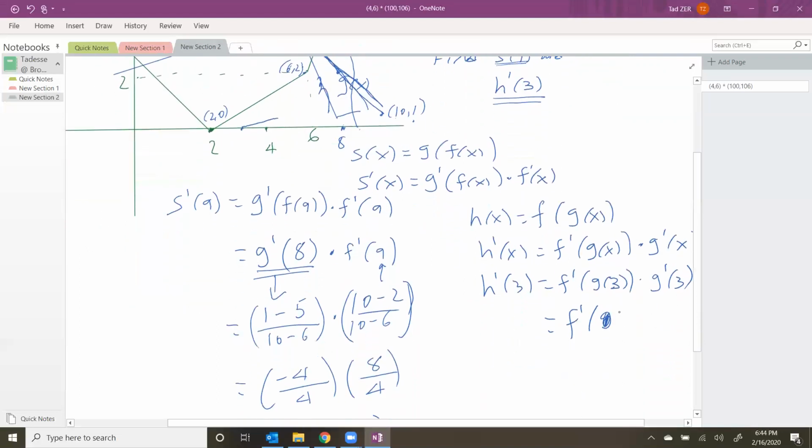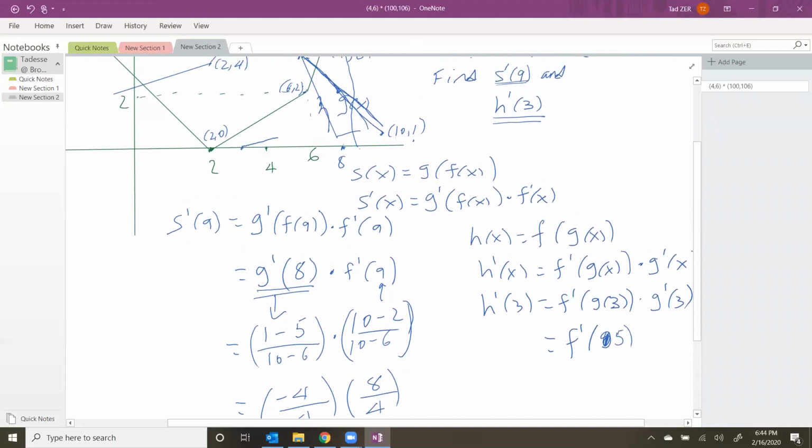So it is 5, times G prime at 3. G prime at 3 means, again, I have to find the slope of the tangent line at 3, or the slope of the graph of G at 3.